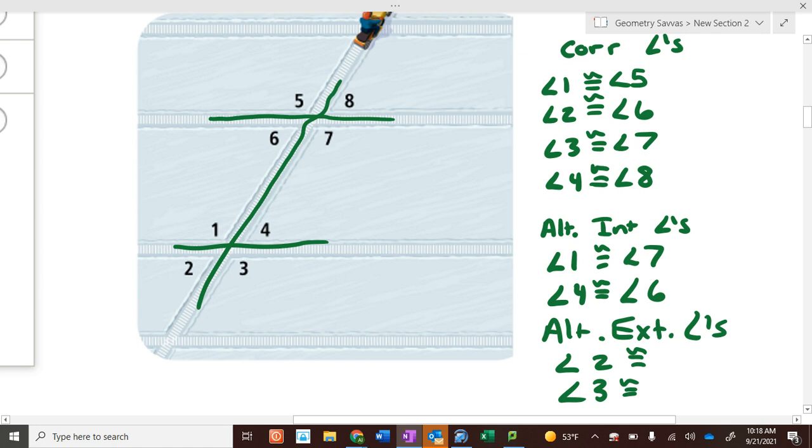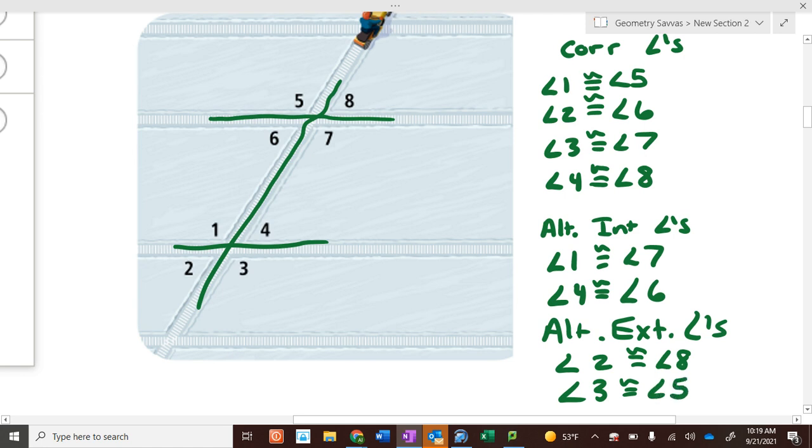Micah. 8. Angle 8. Okay. Then angle 3, Haley. What's angle 3 alternate exterior with? 1. Not 1. 3 and 1 are vertical angles. They have to be to the outsides of the parallel lines. 5. There we go. Angle 5 is the alternate exterior.